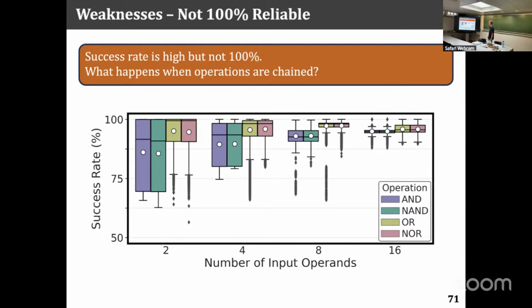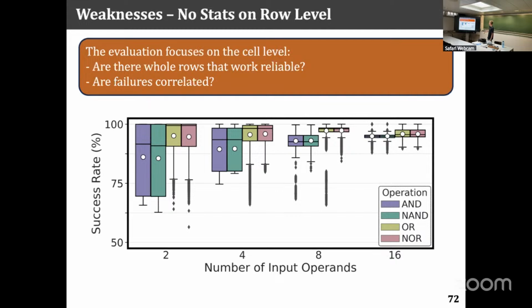And one other weakness here is that the statistics in the paper are all on the individual cell level. So what you can see here is they took 256 chips and looked at some of the banks, did these operations, and looked at one cell. How often does this cell successfully do this operation? But they don't look at the whole row in a correlated manner.